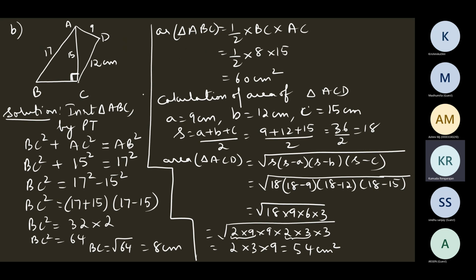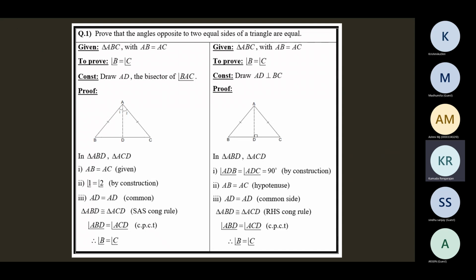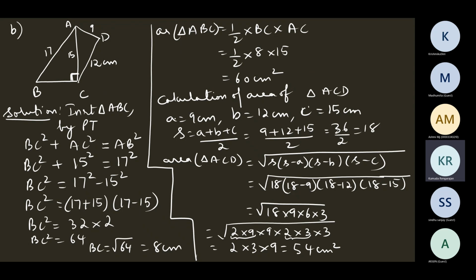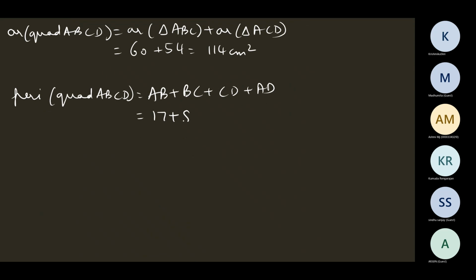Perimeter is the sum of the four sides, AB plus BC plus CD plus AD. AB 17, BC we found, right? 8, CD is 12. What's the perimeter?